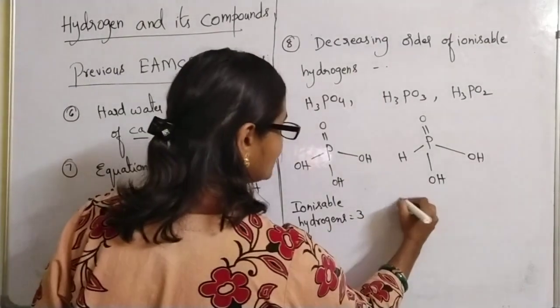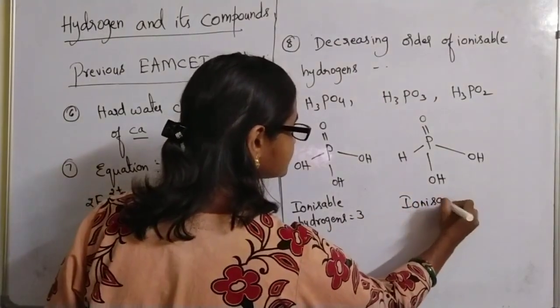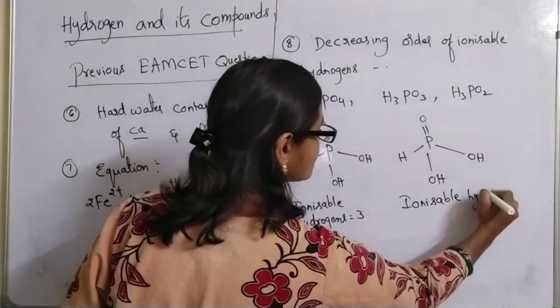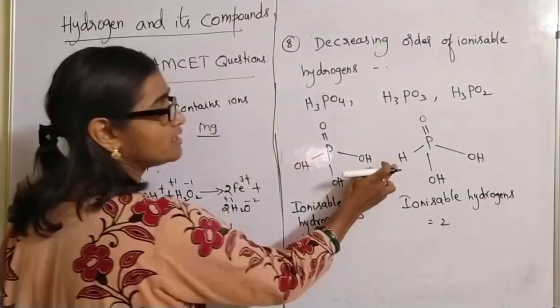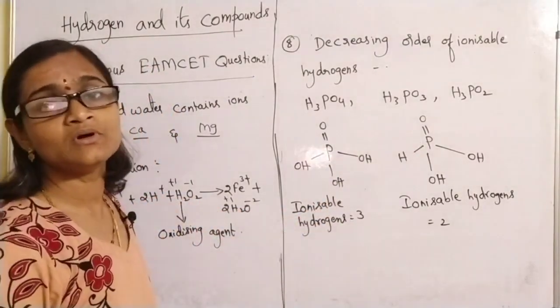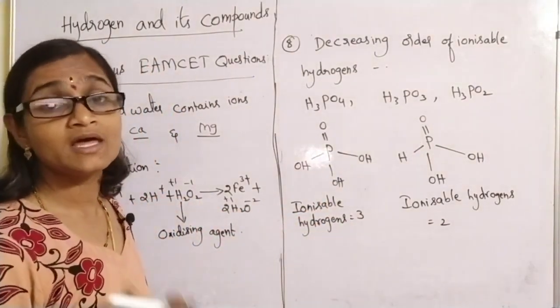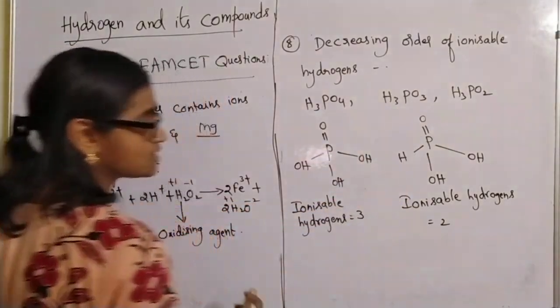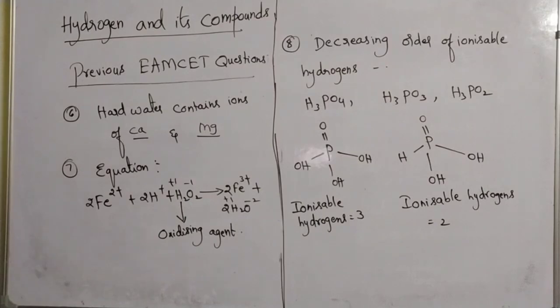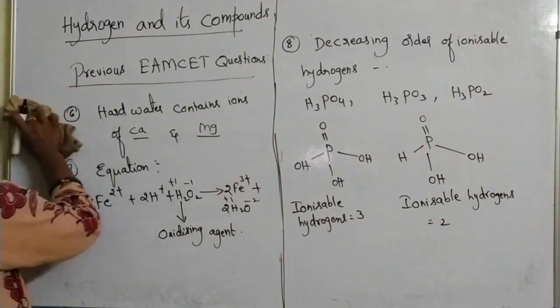Because one H is directly connected to the central atom, it cannot be ionizable. Please check with that. So you have to go with the structures. Then only will you get an idea about ionizable hydrogens.